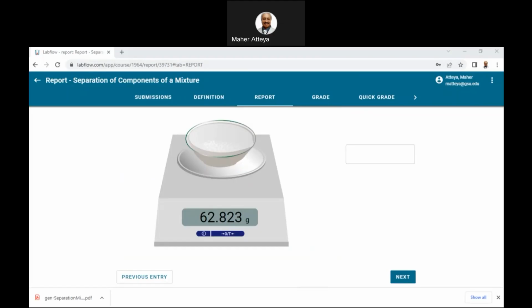Then we will decant the salt solution into the second crucible, and heat gently to drive off the water we had added.